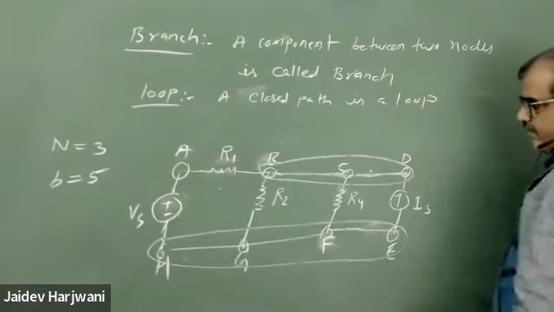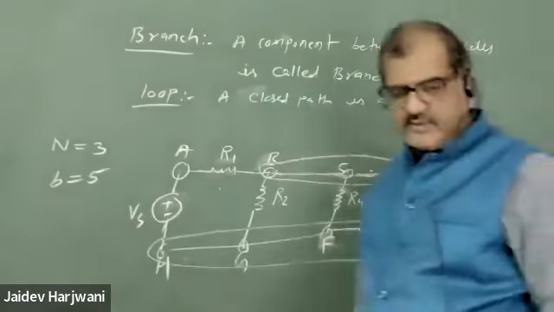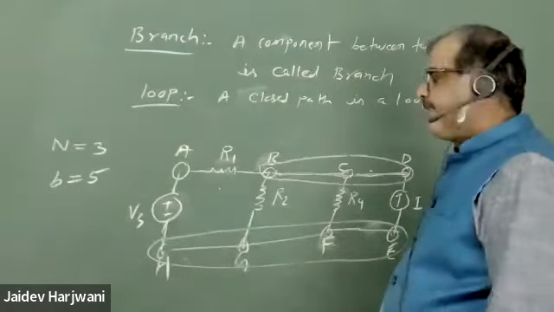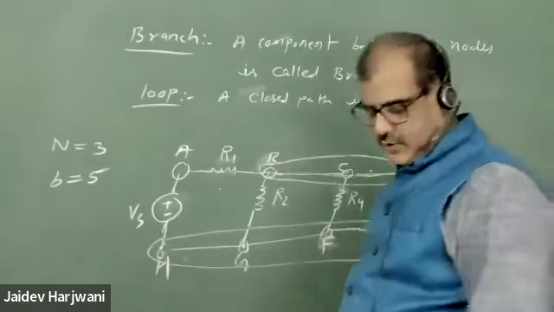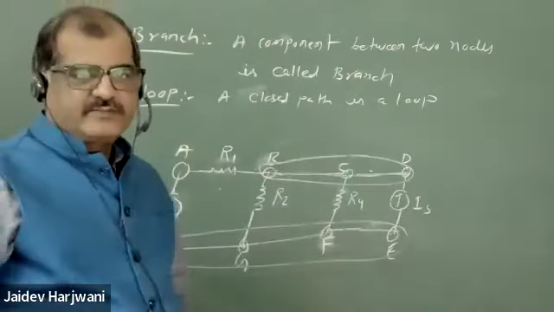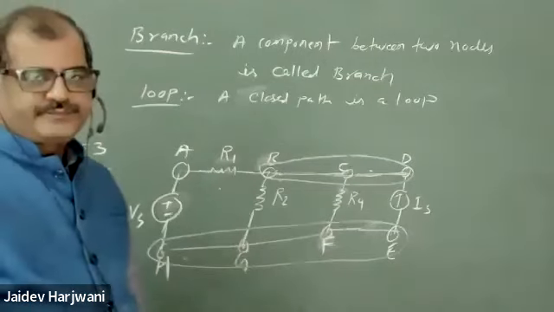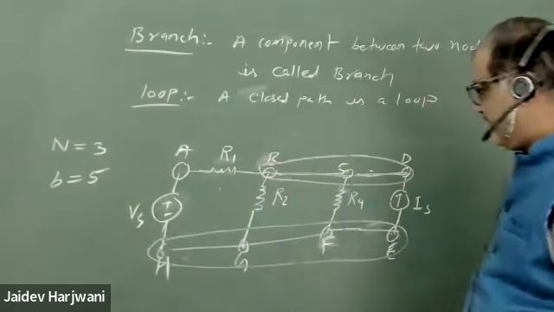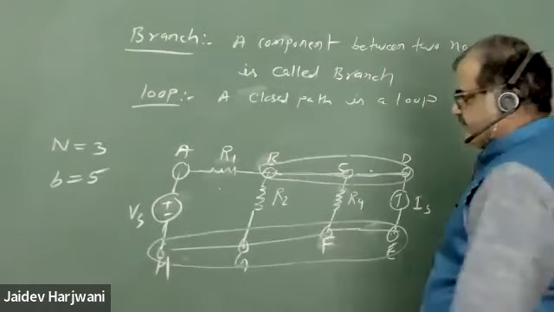Now, can you tell me how many loops are there in the network? Anyone? How many loops are in this network? 5, 6. Okay, so 4.